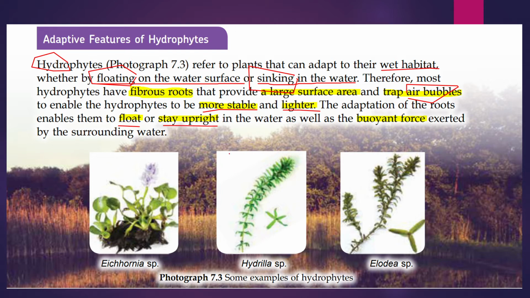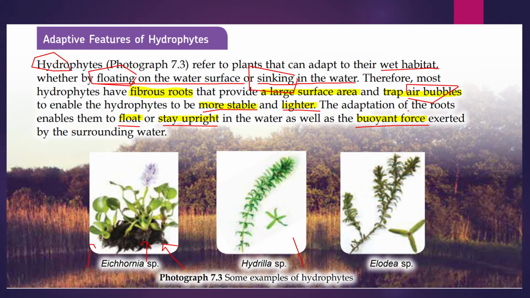Bukan dia lembek ataupun flaccid ini. Okay, and in the water as well as yang ini buoyant force which is exerted by the surrounding water. Ini Iconia species, contohnya pokok keladi bunting ini, kenapa dia boleh terapung and some more upright. Okay, so thanks to these fibrous roots.